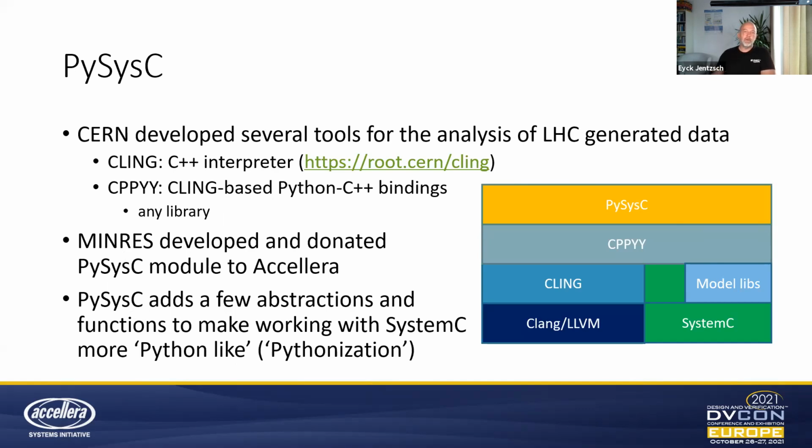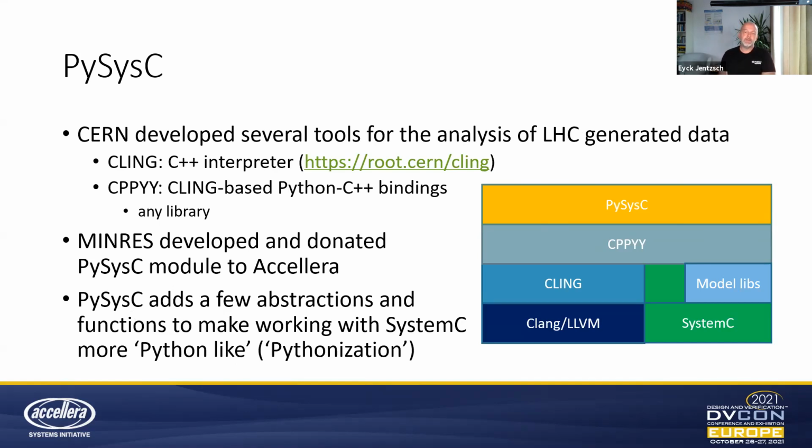Now, our solution called PySysC, and we talked about that already in several SystemC events already. The roots come from CERN. They originally developed some in-house solution to allow the scientists to use high-performance algorithms with easier accessibility. So they developed a C++ interpreter called Cling.